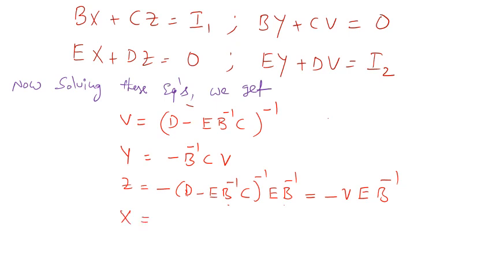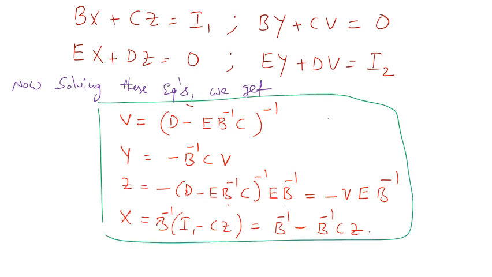And lastly X equal to B inverse (I1 minus C Z), which simplifies to B inverse minus B inverse C Z. This set you have to remember, this is very very important.